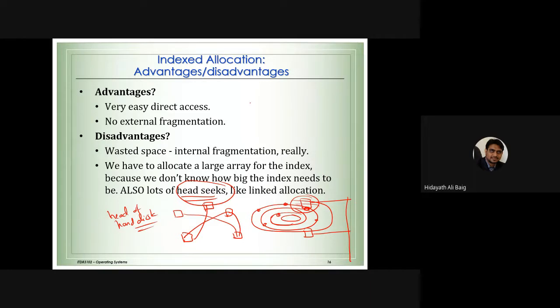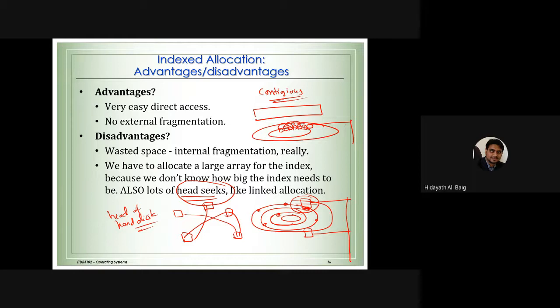But suppose it is contiguous allocation. In contiguous allocation, the data is kept in one location, so on the hard disk all the data will be next to next. If the head comes to this location, it can start reading the data, the next one, the next one, easily, which means the head is not going to go to different locations to identify the data.